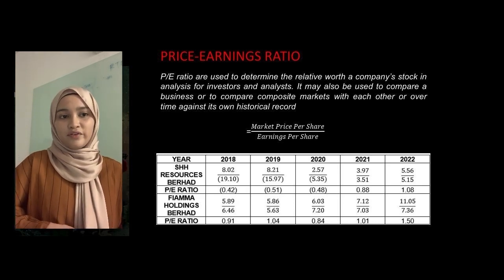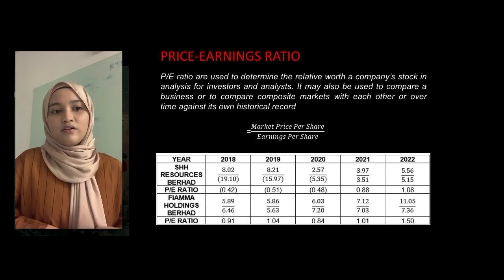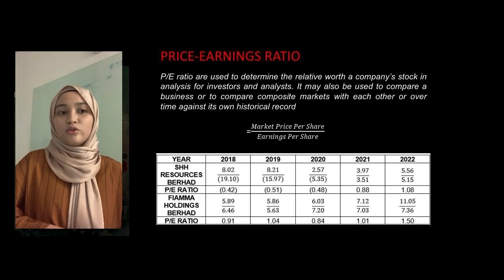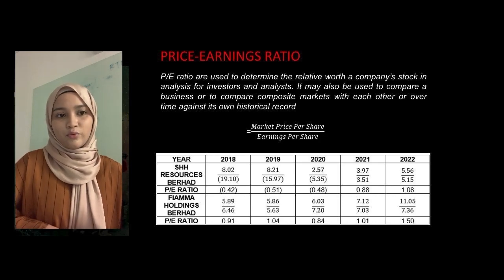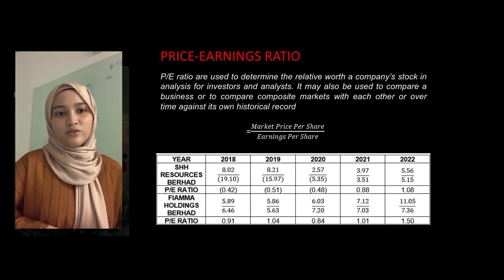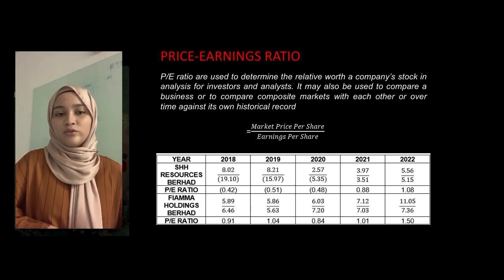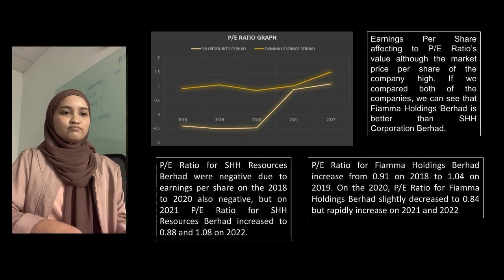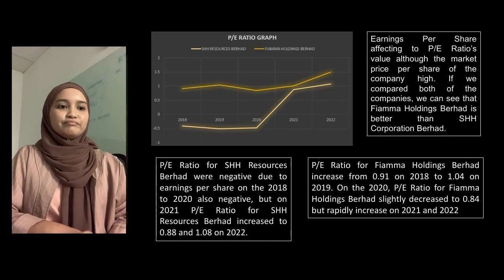For Fiamma Holdings Berhad, year by year it increased: 2018 0.91, 1.04, 0.84, 1.01, and the last year, 2022, 1.50. So here is the price earnings ratio graph.